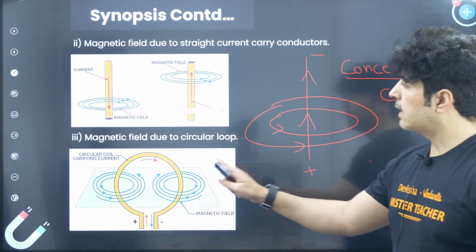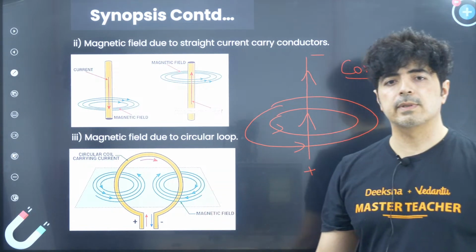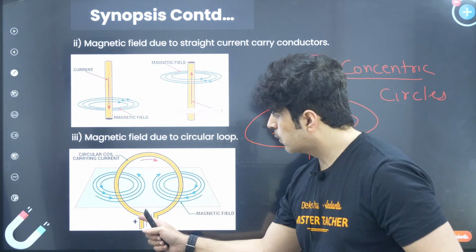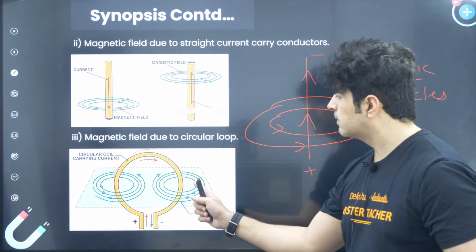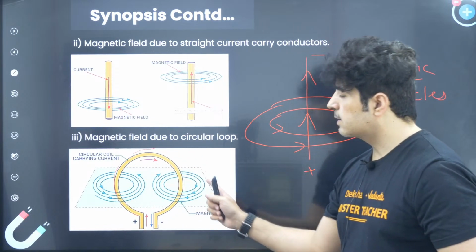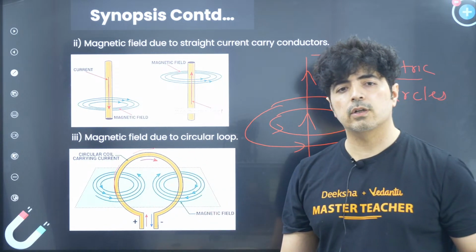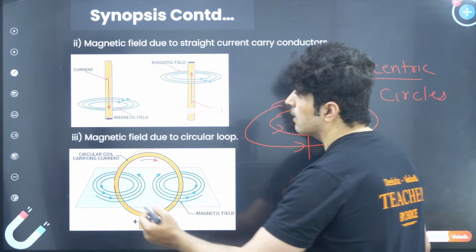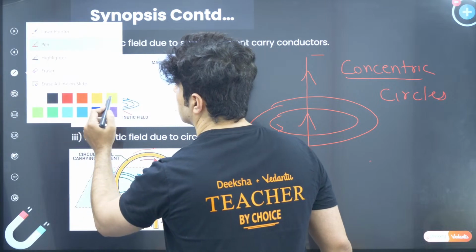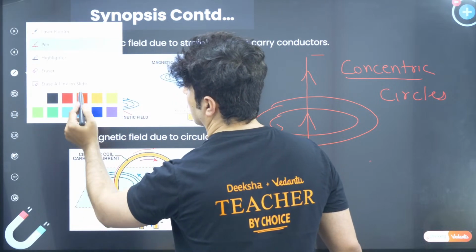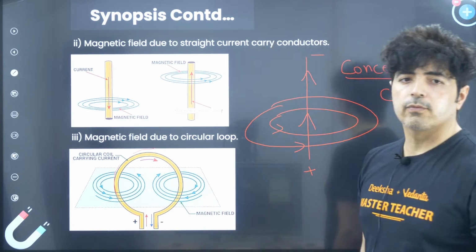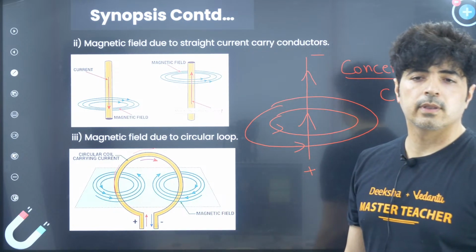Now, in case of a circular loop, what happens? As you can see, the current is going like this in a circular loop. How would you find out the direction of the magnetic field over here? It is simple. Let me use red color over here. At any given point, let's say I want to find the direction of the magnetic field.